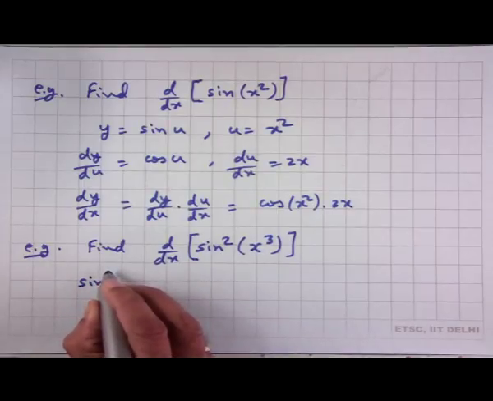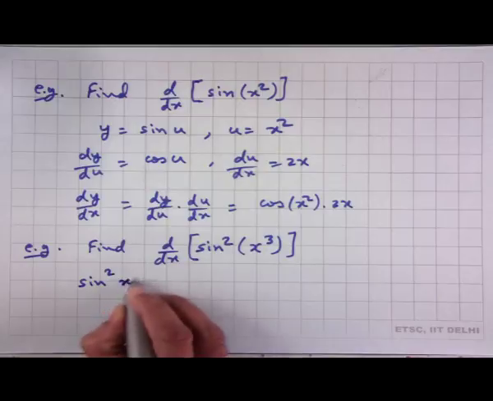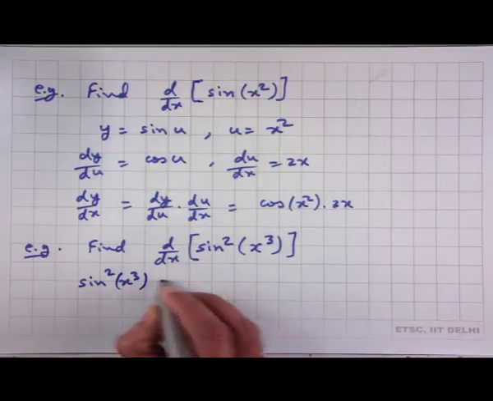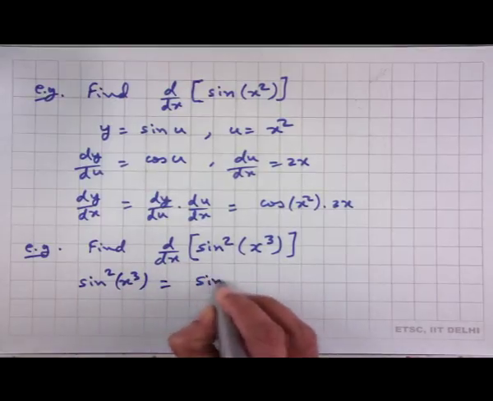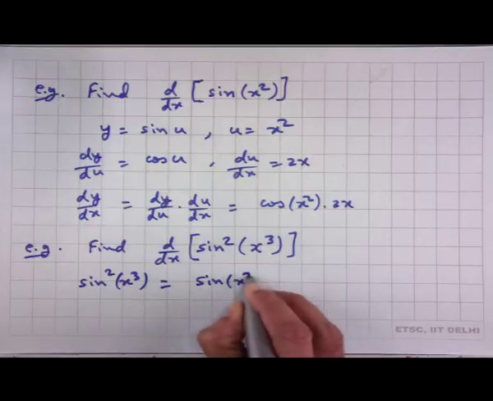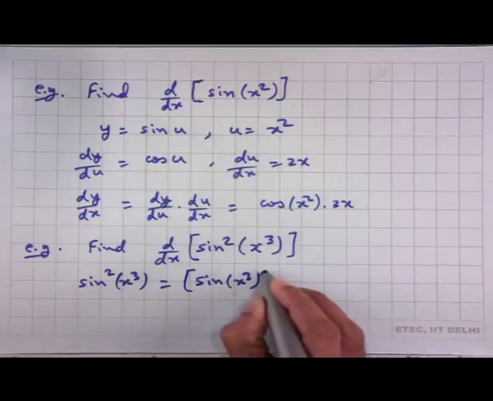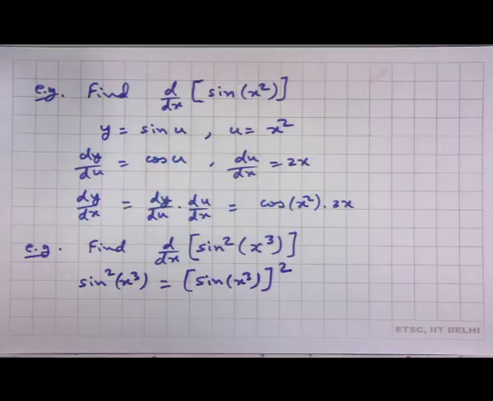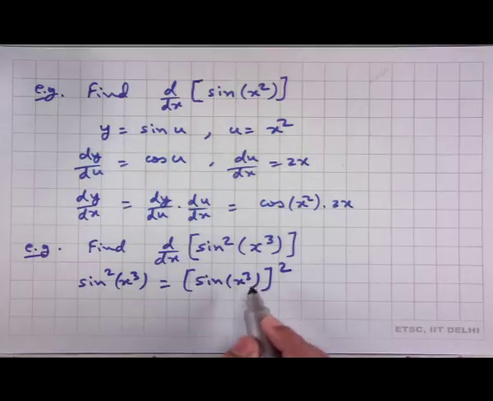This is equal to sine of x cube and then you square this. So, the outermost function is you square this and then you have sine of x cube.